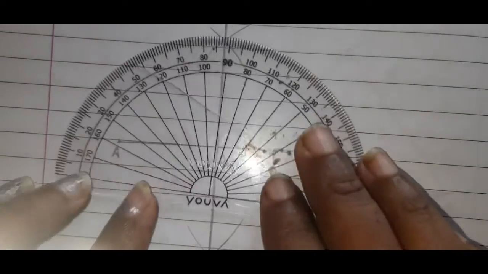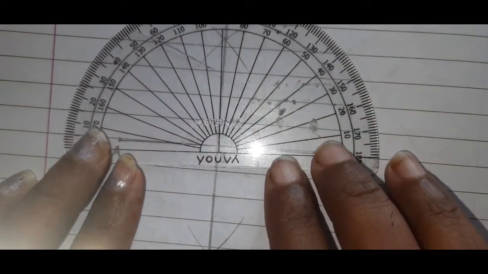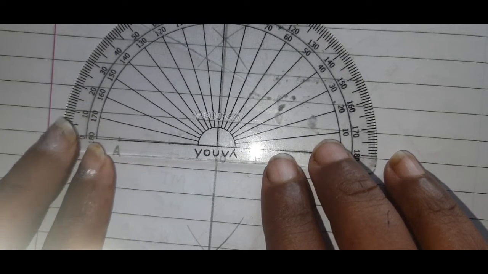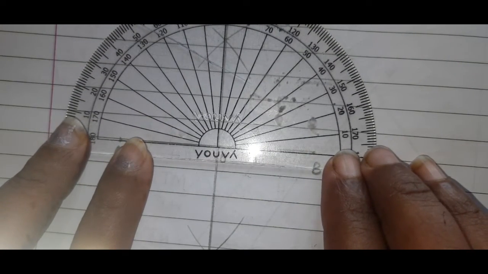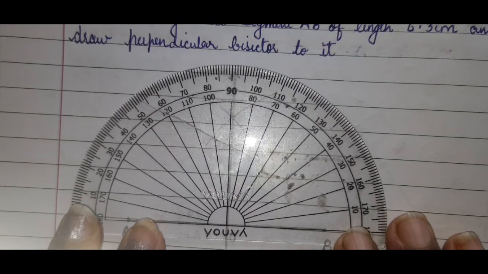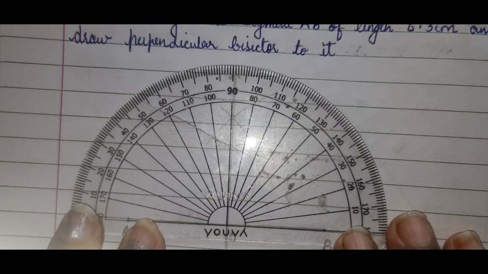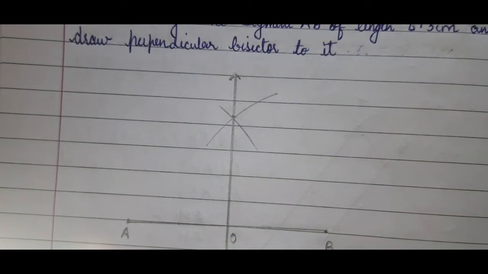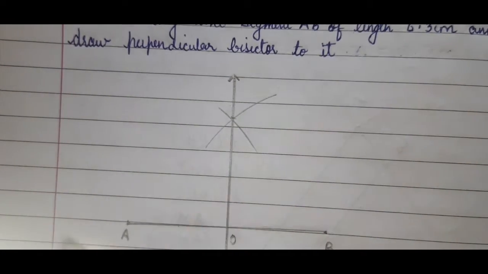This is point O I'll take, right? Now at point O you measure the angle and find out whether it is perpendicular or not. Okay. So here you can check out it is perpendicular. It's giving 90 degree, right? And we have to find out whether it is bisecting the line segment or not, right?